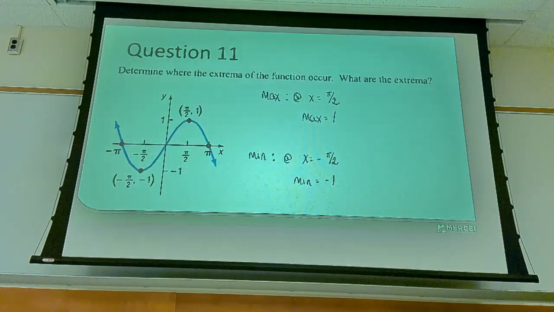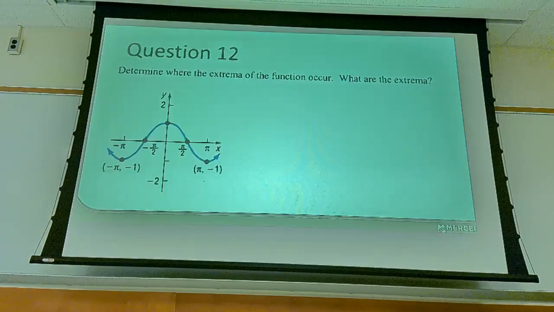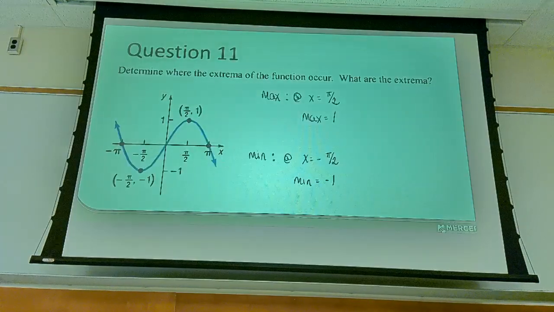I'm going to say how that's drawn, that's not the sine function. Assuming that's not the sine function, there are no global extrema.